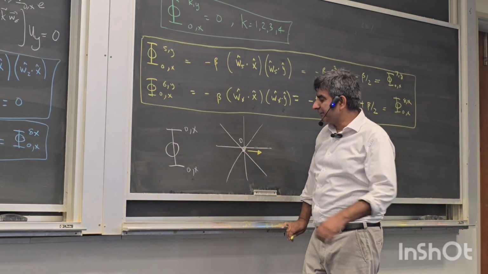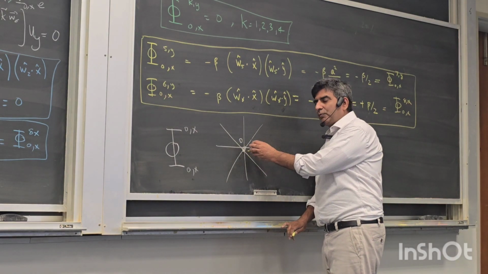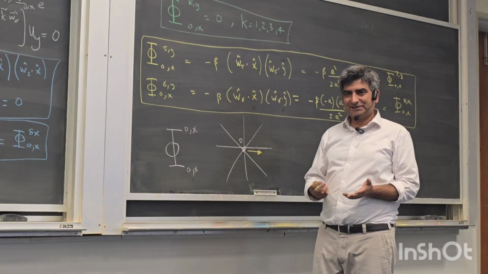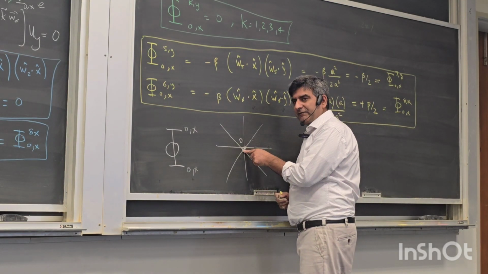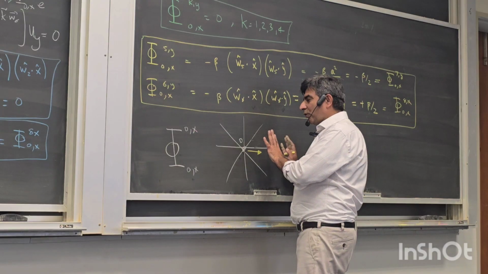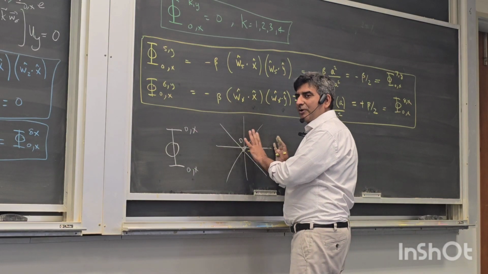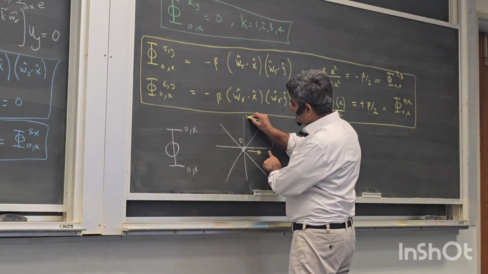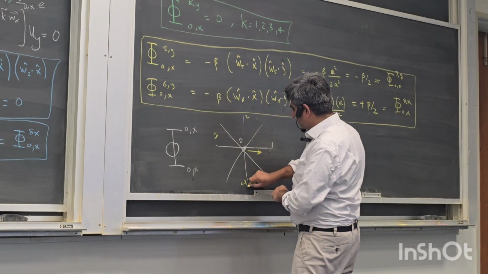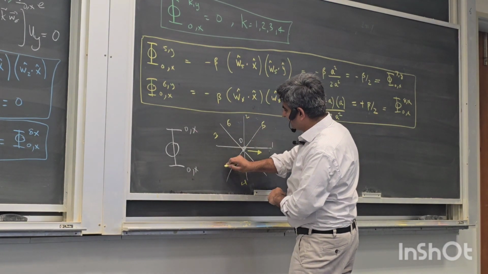Correct? Now this force would simply be the force that acts on this atom if this were to remain stationary and all the other atoms would move in the opposite direction. All the other atoms: 1, 2, 3, 4, 5, 6, 7 and 8.